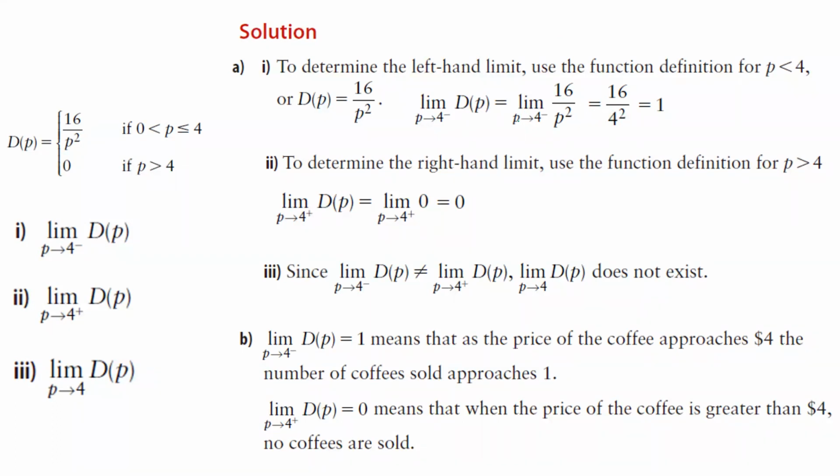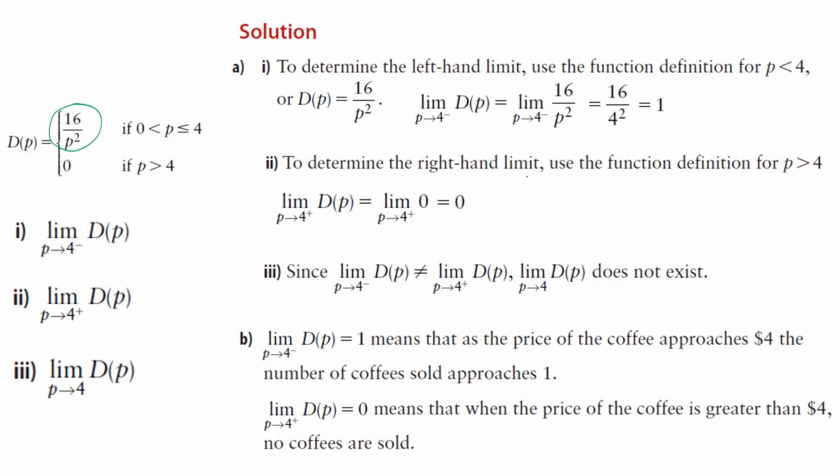Because when p approaches 4 from the left side, that means p must be smaller than 4. Therefore, we should use this expression here. So if we insert 4 into 16 over p squared, then we'll get the limit of this function equals 1.